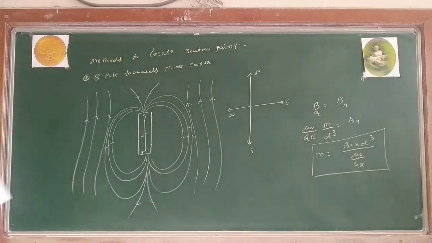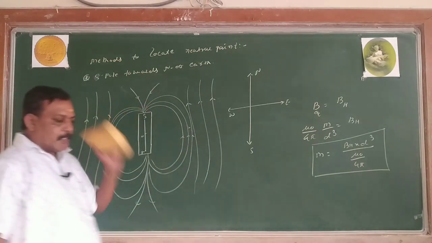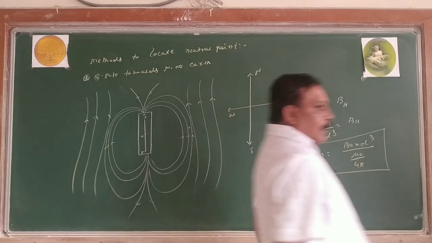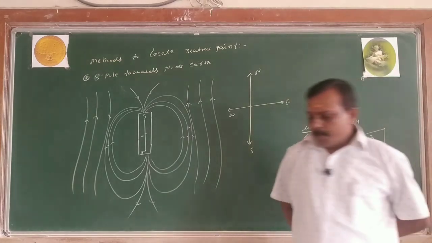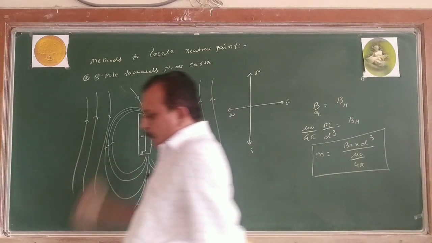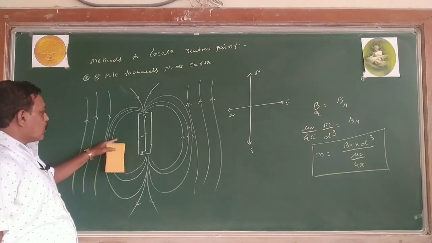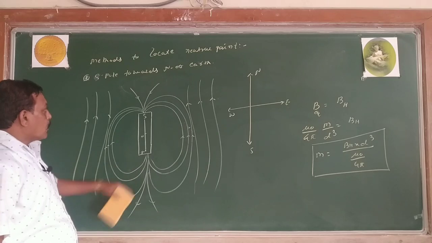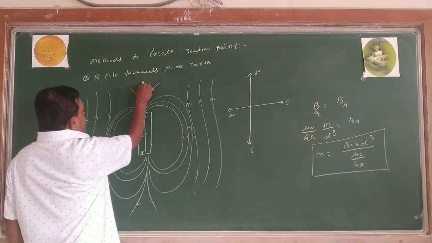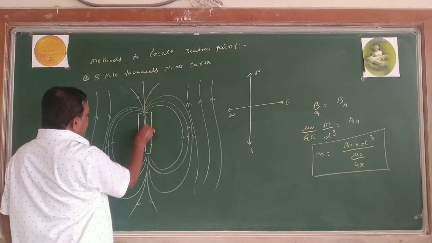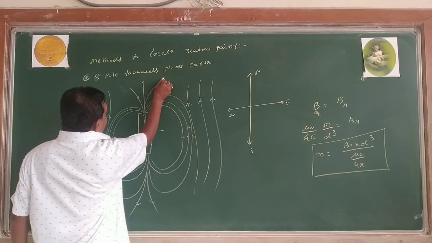Again, if I go on placing the compass needle, then at certain points it shows somewhere else other than north and south. I place here, again it shows north and south. I place here, again it shows north and south. Now these are the points at a distance D from the center where the neutral point is available.